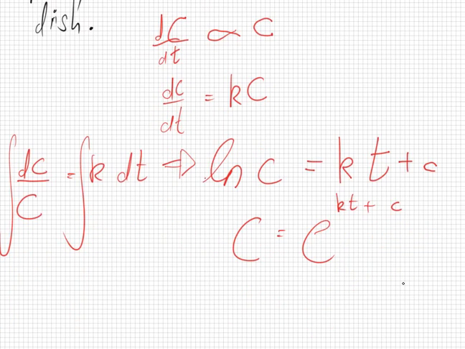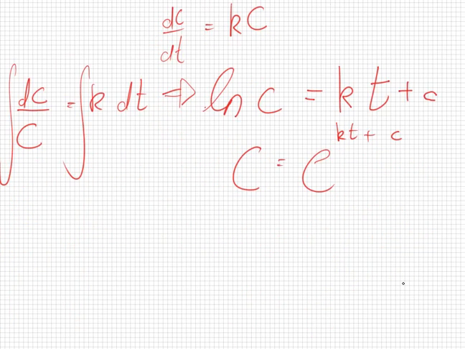Now please note, it's fine if you leave it like this, but the normal convention is to do the following. You split this e into two pieces, an e^c and an e^(kt). And the reason for that is c is a constant. True? Yes. And e to the power of a constant is also a constant. True?